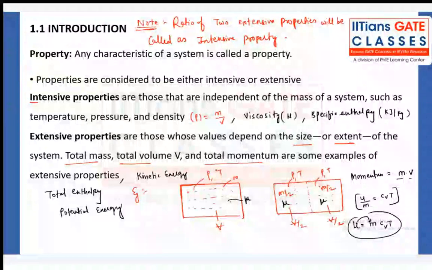Now tell me, when you divide the room in which you are sitting right now, will the pressure and temperature of that room become half or remain the same after dividing your room into two exactly equal parts? It will remain the same. So is it depending on the size or mass of the system? No, right? So that should be an intensive property. That is what is written here: temperature, pressure, and density. Getting my point?